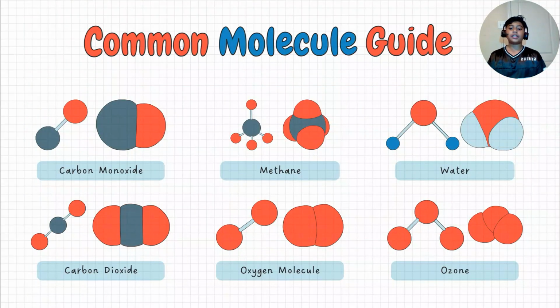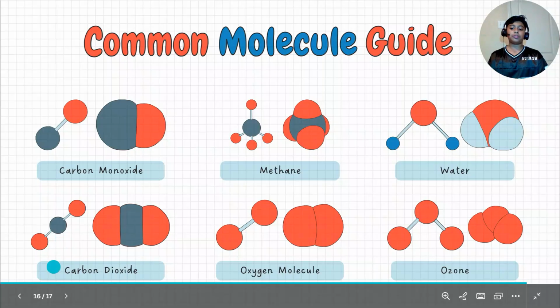Here is a guide to common molecules. I know I did not list out the names, but you can imagine. So, I'll tell you. One carbon atom and one oxygen atom make carbon monoxide. One carbon atom and two oxygen atoms make carbon dioxide.